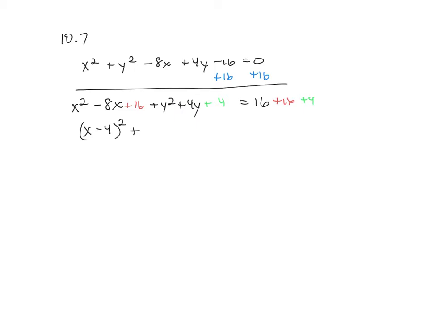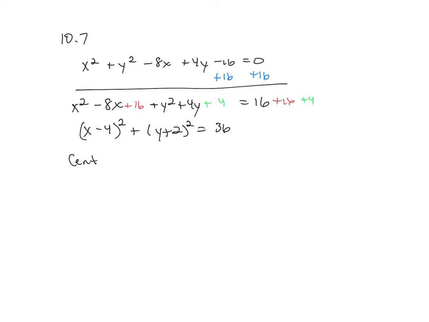Square root of 4, the green 4, square root of 4 is 2. So y plus 2 squared, it's plus 2 because the middle 4 is positive. And then I'm going to add all that up. 16 plus 16 is 32, plus 4 is 36. So now I have the equation of a circle.